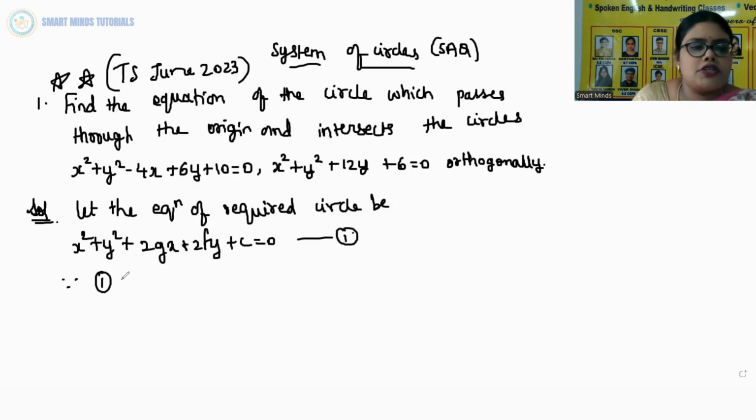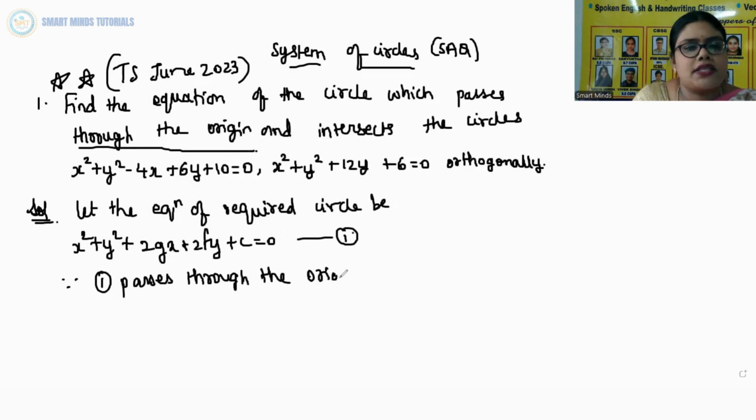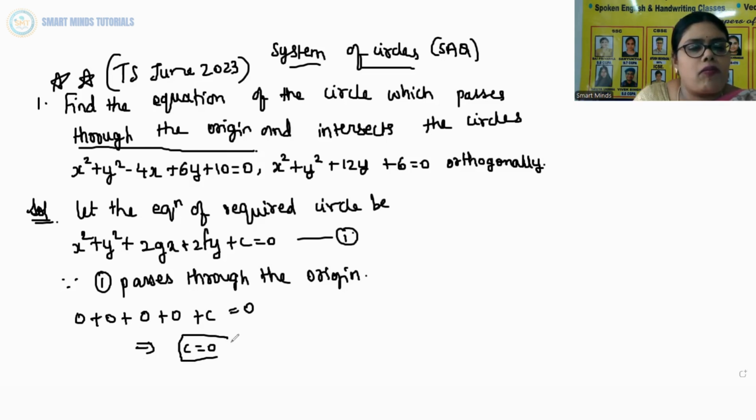Now since equation number 1 passes through the origin, as you can see in the question, whenever an equation passes through the origin, we need to substitute 0, 0 in the place of x and y. So in equation number 1, we substitute 0, 0 and you will get 0 plus 0 plus 0 plus 0 plus c. So whenever it passes through the origin, we get c is equal to 0. This is one relation we got.